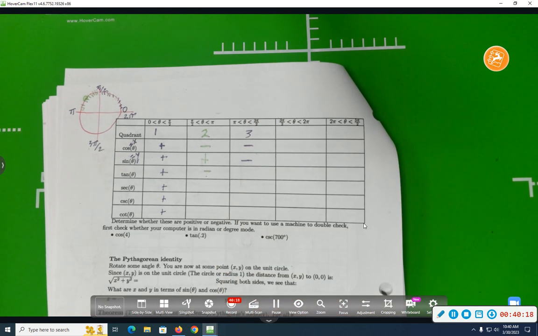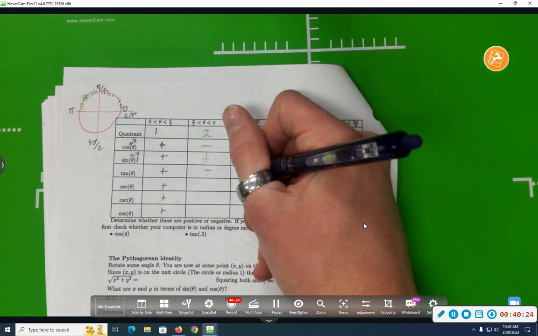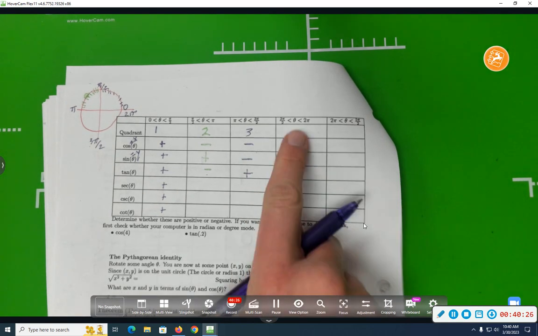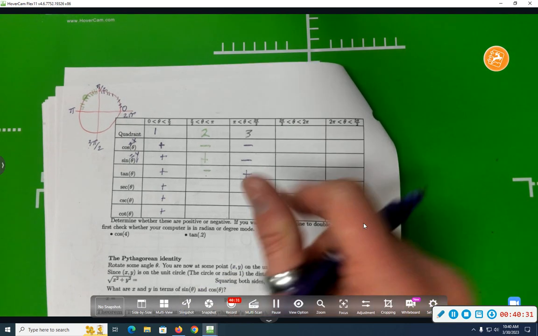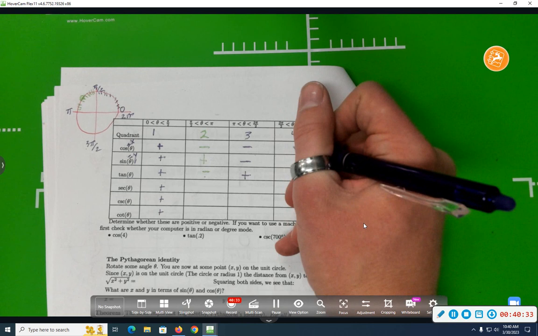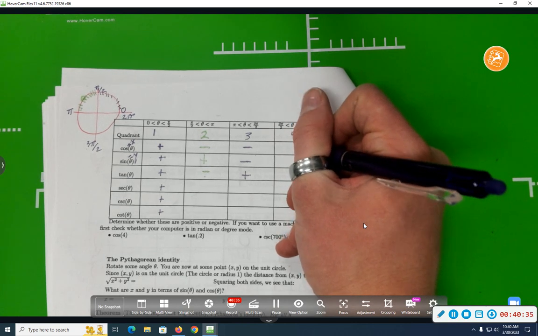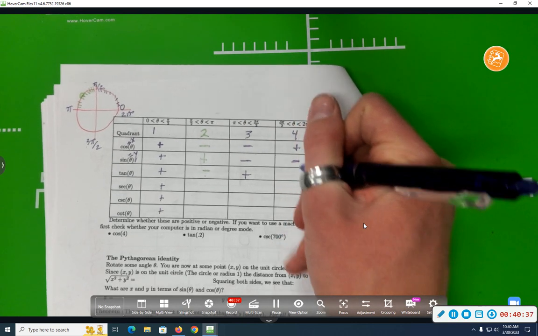Also negative. In quadrant 3, x and y are both negative. What about tangent? Positive. Negative divided by a negative becomes positive. 3 pi over 2 to 2 pi, what quadrant does that give you? Quadrant 4. So cosine will be? Sine? Tangent?